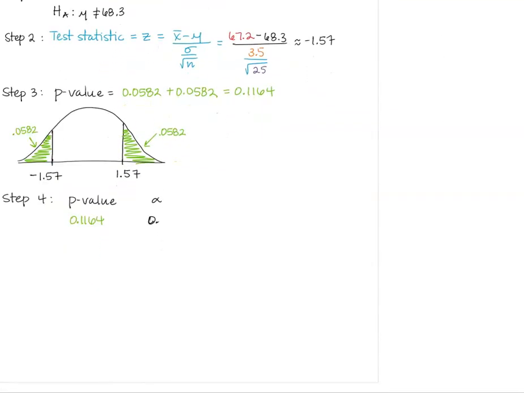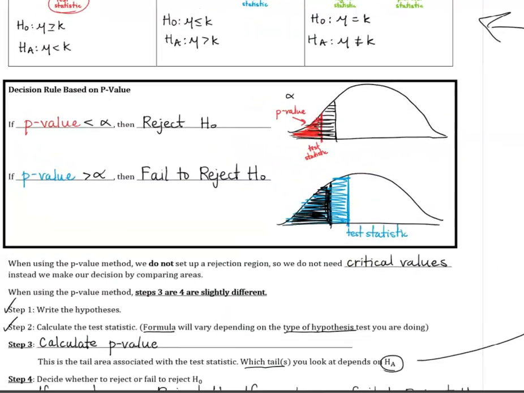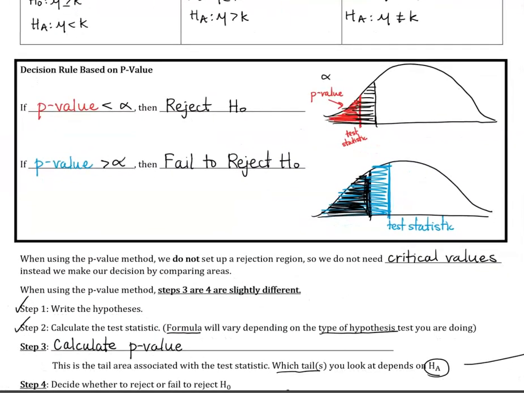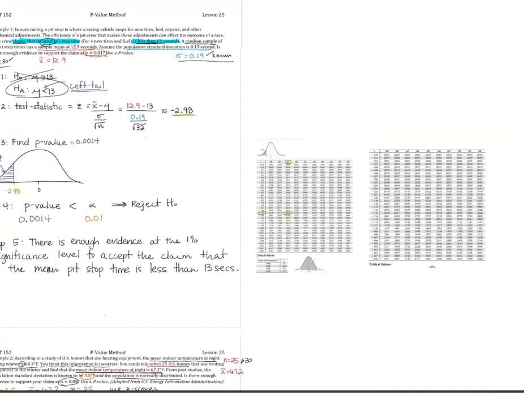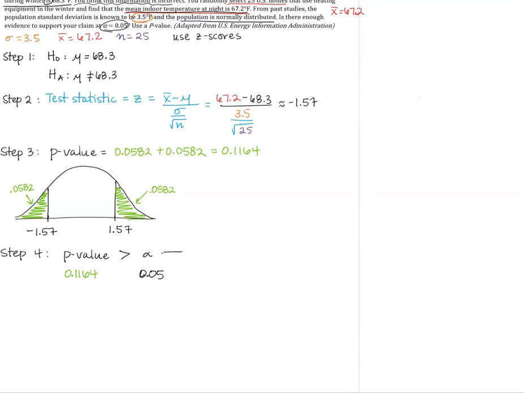Well, the p-value is bigger than alpha. That's a larger number. Going back up to remind us what we do in that case, we're looking at the second scenario here in blue. If the p-value is bigger than alpha, then the decision that we make in step 4 is that we fail to reject the null hypothesis.